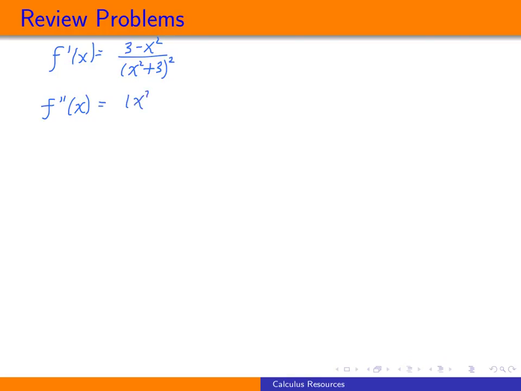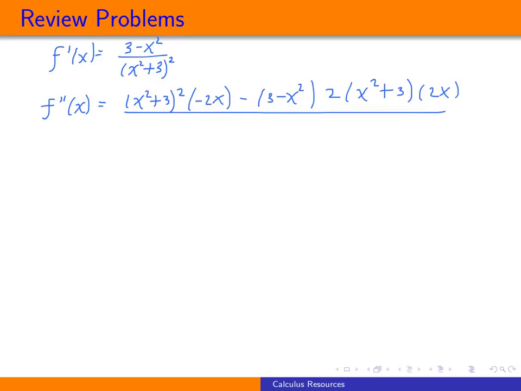So we have low d high minus high d low. And when we differentiate the function in the bottom, we need to use the chain rule. So that would be 2 times x squared plus 3 multiplied by 2x, and this is all divided by x squared plus 3 squared squared. So the new power there would be the 4th.